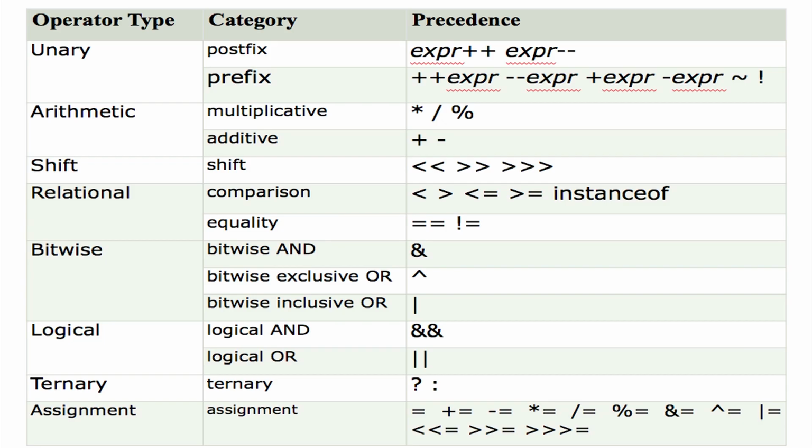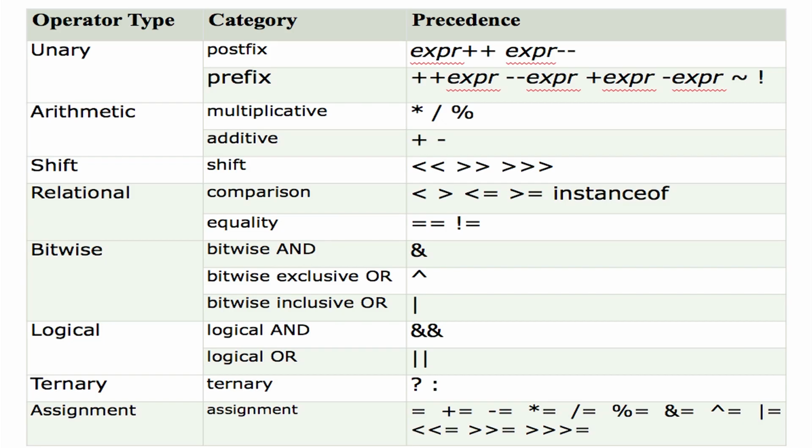In this table you can see it will be left to right. Like in the third row you can see multiply, divide and modulus. Suppose we have multiple plus, minus, multiply, divide or modulus, we will move from left to right. So this is called associativity.